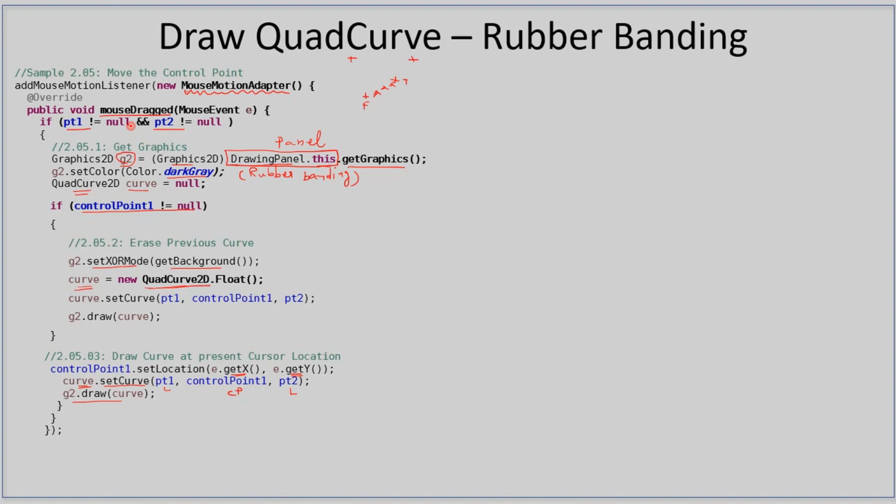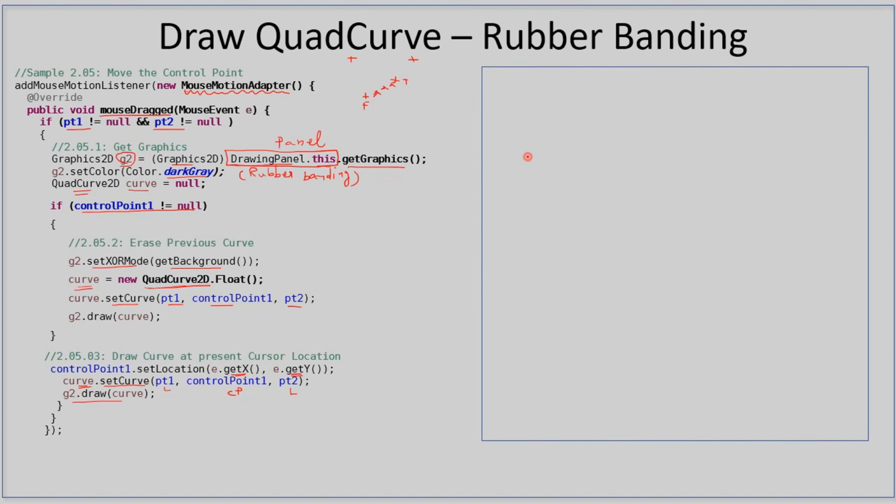Initially it was null, and here we are creating the curve. Then using the setCurve method we are drawing the curve. So this will invert the previously drawn curve, or it will invert the curve which was drawn as part of the previous mouse drag event, and then after coming out of this it will draw the curve at a new location.